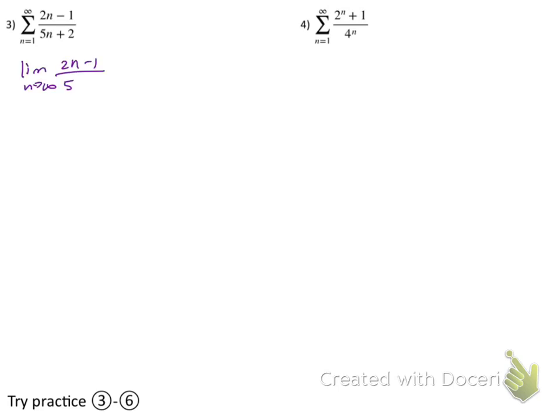The thing you're adding up does not head to 0. So it's divergent. The limit of an has to be 0 to make the series convergent. It's not sufficient, but it's necessary.